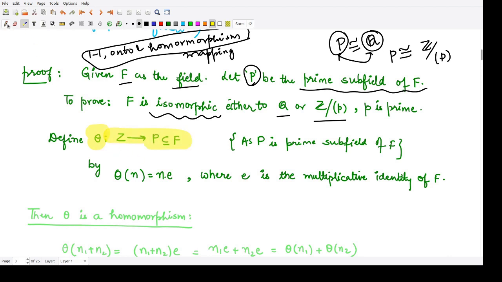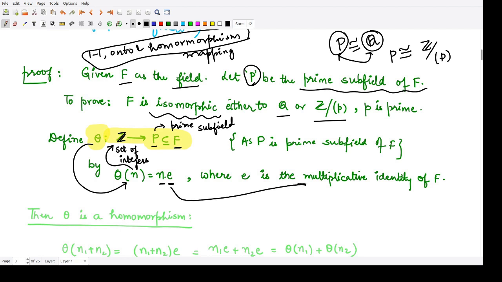What is Z? Z is the set of integers. And what is P? P we have considered to be the prime subfield of F. Because this is the prime subfield of F, obviously it would be contained in F. We define this mapping by theta of n, where n is an integer, equal to n multiplied by e, where e is the multiplicative identity of the given field.